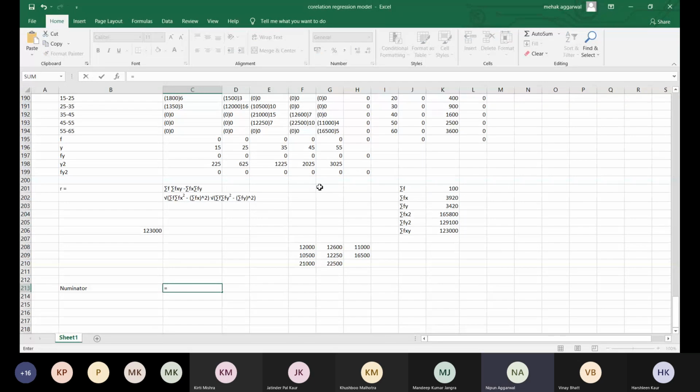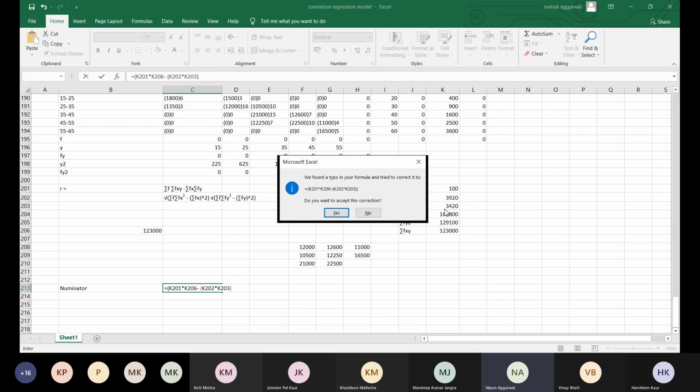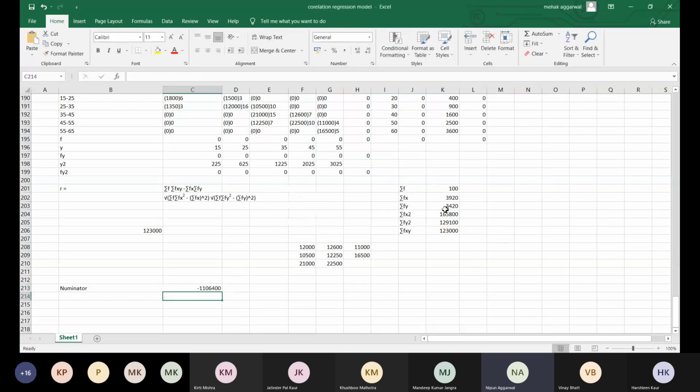So numerator becomes sigma f, 100, into summation fxy, which is 123,000, minus summation fx into summation fy. So this becomes your numerator.